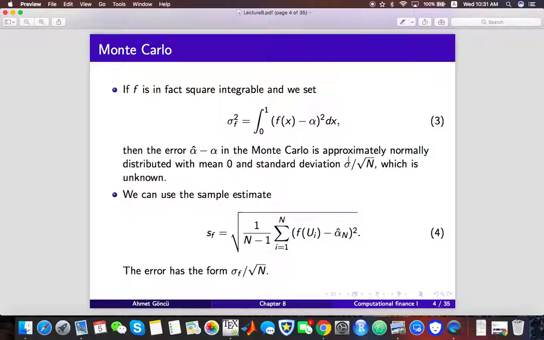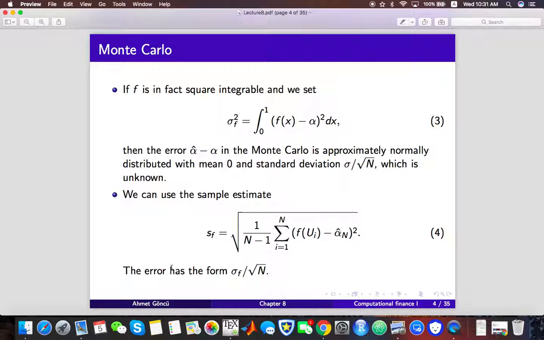However, the convergence rate here is proportional to 1 over the square root of n. To substitute this sigma squared, we can use the sample variance or the sample standard deviation. And instead of alpha, we can substitute our estimate for this integral, which is alpha hat, as a result of the n samples that we generated.